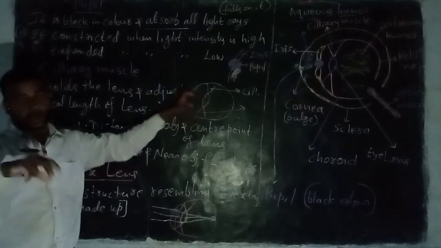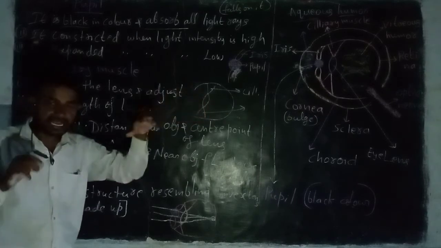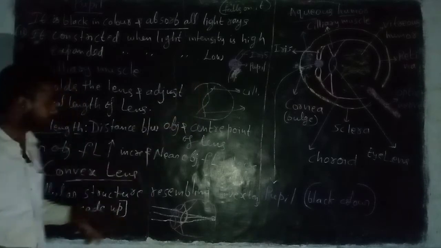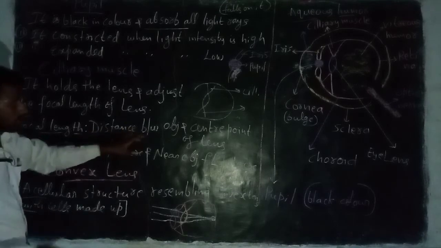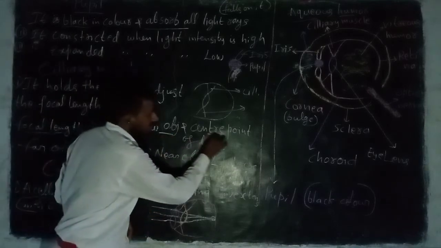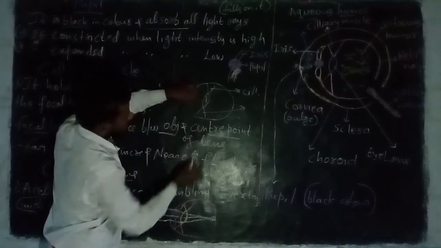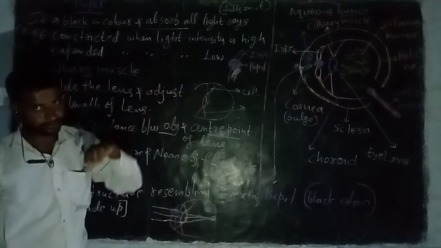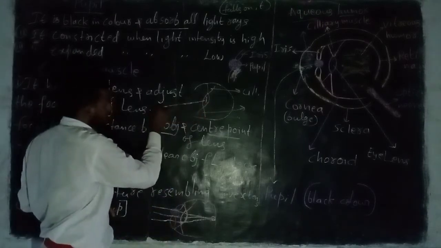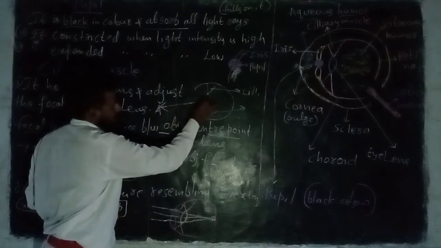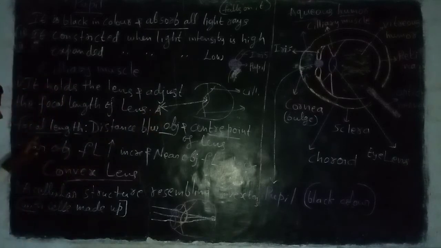The focal length of this lens can be adjusted by ciliary muscles. The focal length definition we also need. Look here, this is the center point of the lens. The distance between the center point of the lens and the object is called focal length.